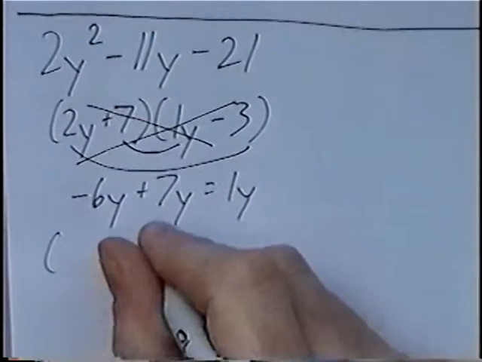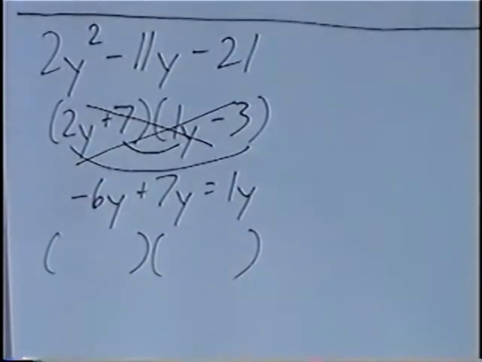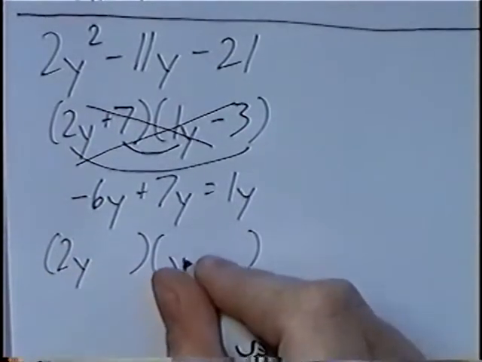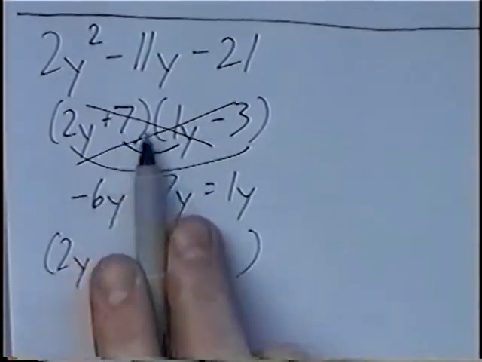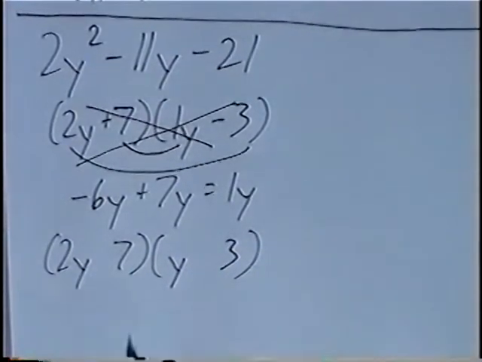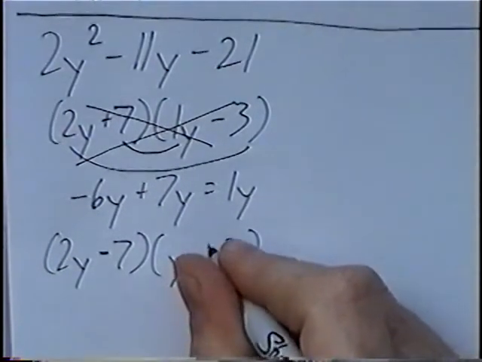Guess and check again. We can take two parentheses. If we want to, we can keep 2y and y the same. The 7 and the 3 we can also keep the same. But to guess this time, we can switch the positive and negative signs, so we can make it a negative 7 and a positive 3.